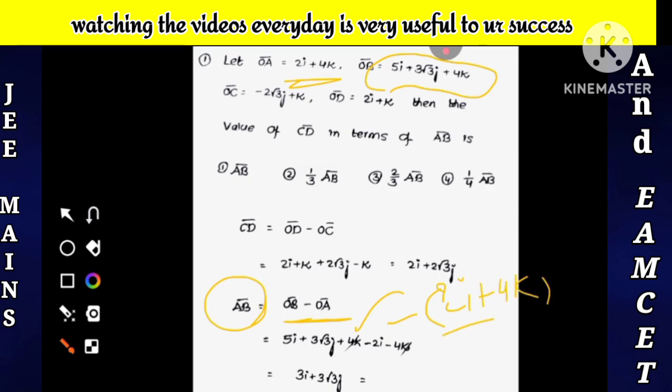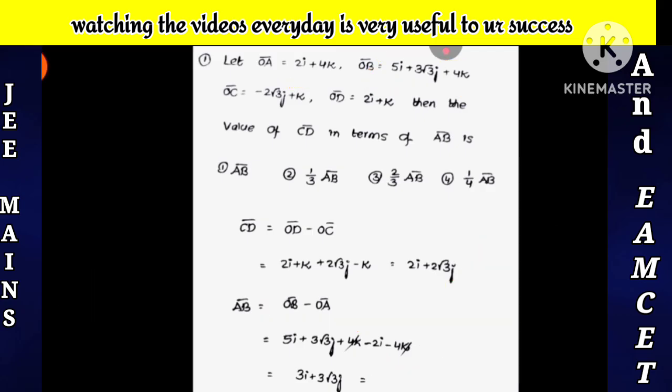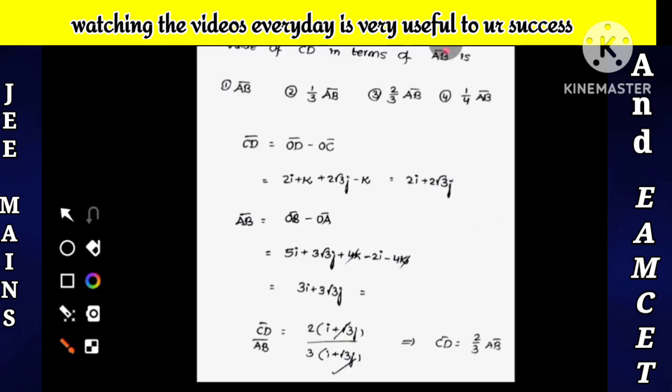Now apply this minus to these two terms, you get minus 2i minus 4k. Take the simplification: plus 4k minus 4k gets cancelled, so the remaining is only 5i minus 2i, which is equal to 3i. And for the j values, we have only one j value, that is 3 root 3 j.